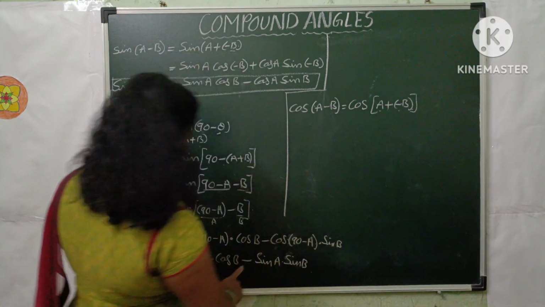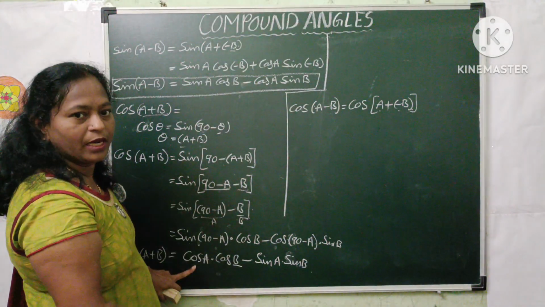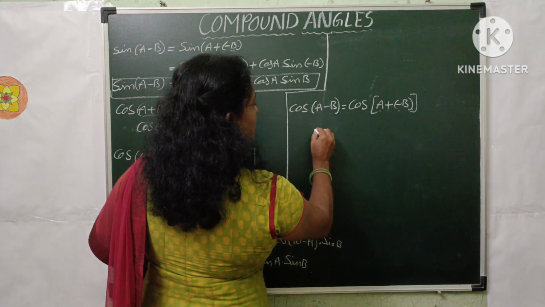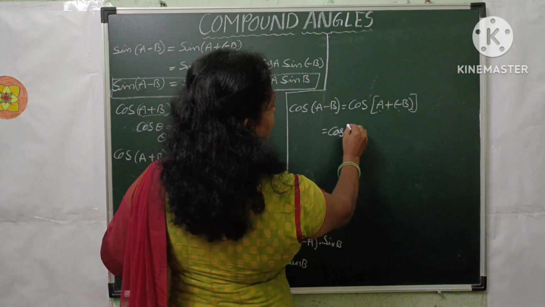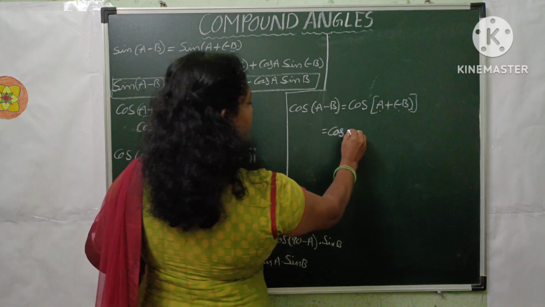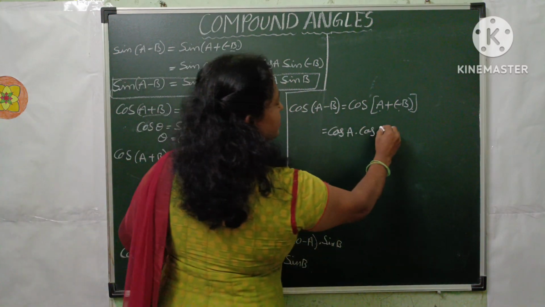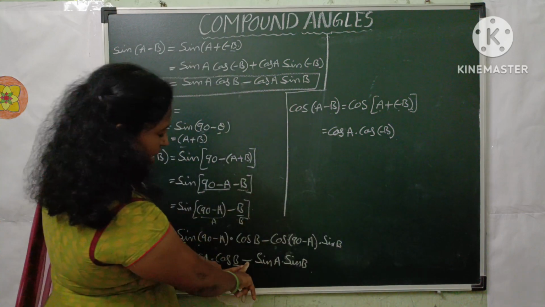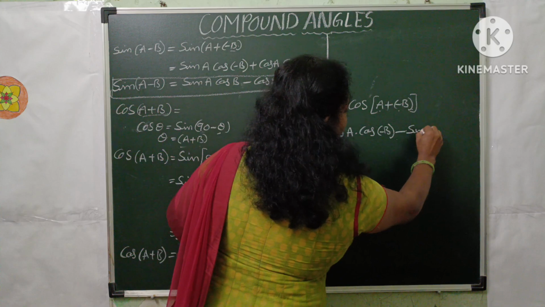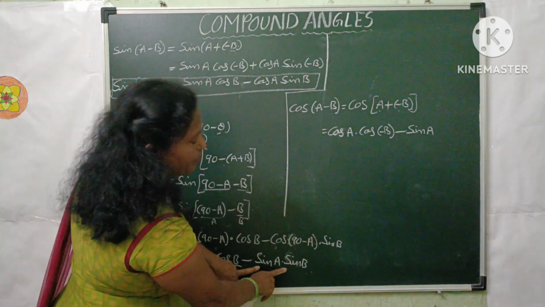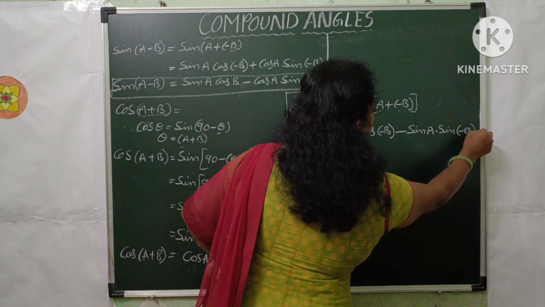Here the cos(a plus b) formula, I said the change is b at minus b. Replace b with minus b. So that is equal to cos a into cos b, b means minus b, minus sin a, sin(minus b).